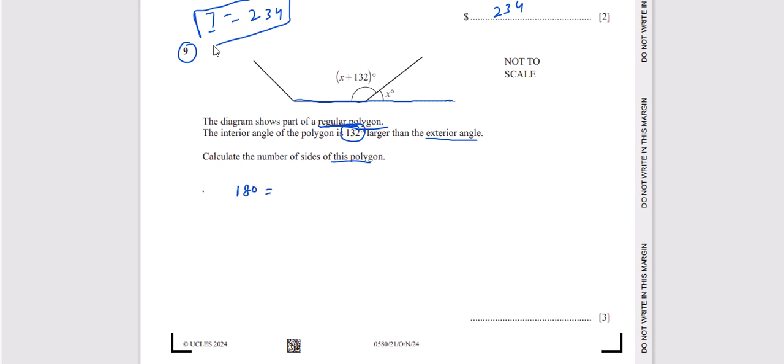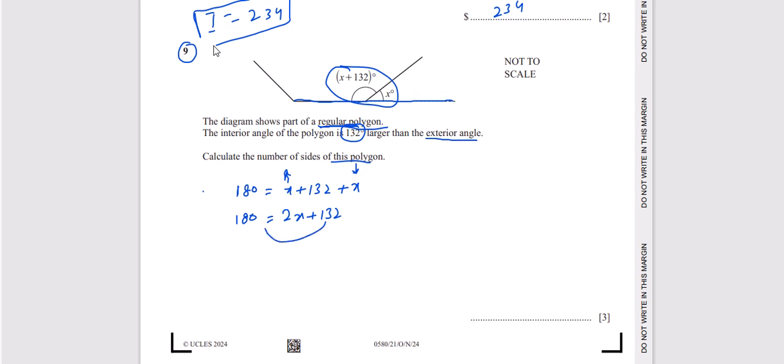So 180 is equal to this angle x plus 132 plus x. 180 is equal to this x and this x, that is 2x plus 132.